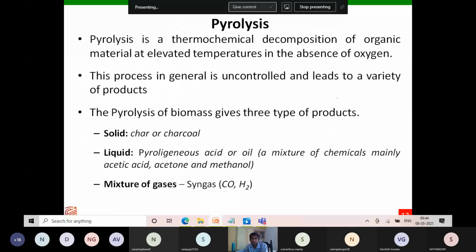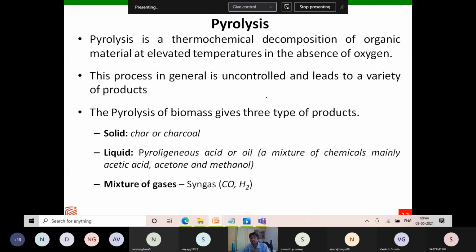Pyrolysis is a thermochemical decomposition of organic material. First, we decompose the organic material, and at elevated temperature, without oxygen supply, we make the biomass into three different products, that is charcoal, pyroligneous acid or oil, and a mixture of gases.